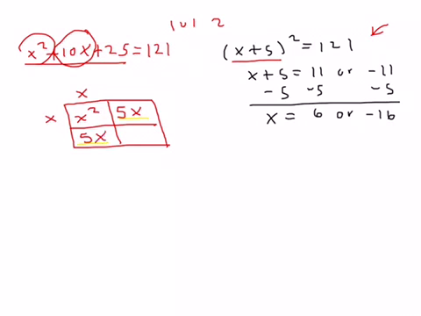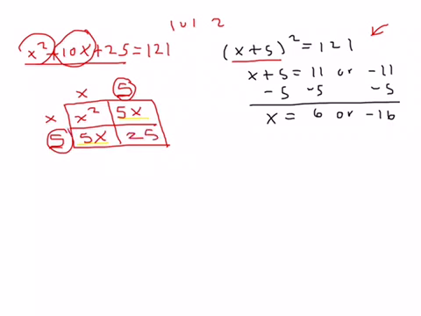So let's figure out what goes here and here. Well, what did I have to multiply? Remember, this is a multiplication table. What did I have to multiply x by to get 5x? Well, I had to multiply it by 5. So the last thing we need to do is figure out what goes in our last box. Remember, this is a multiplication table, so I'm going to take 5 and multiply it by 5.